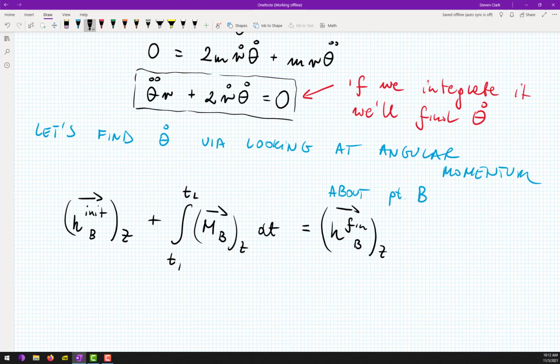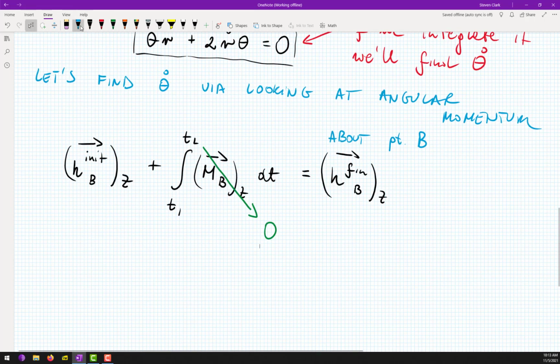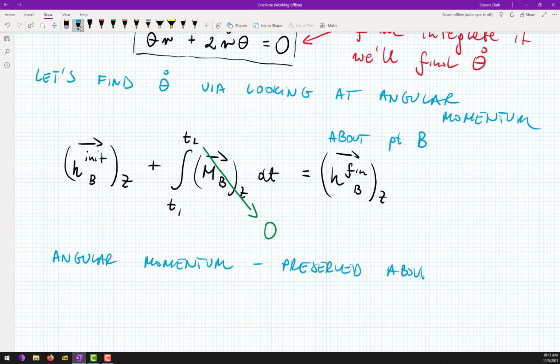So this is like a vector equation, but we just look at the third component. And I just want to prove to you guys that this moment is 0. So that means that our angular momentum is preserved about B.